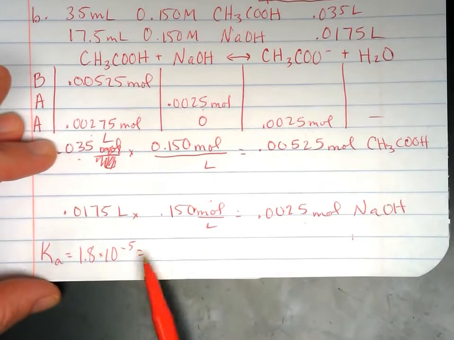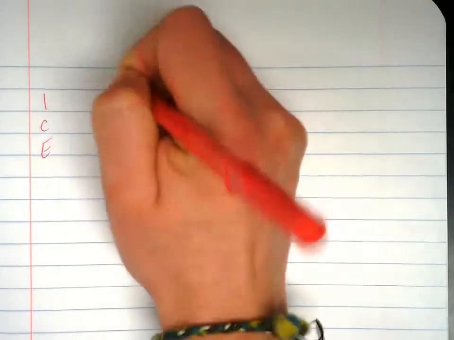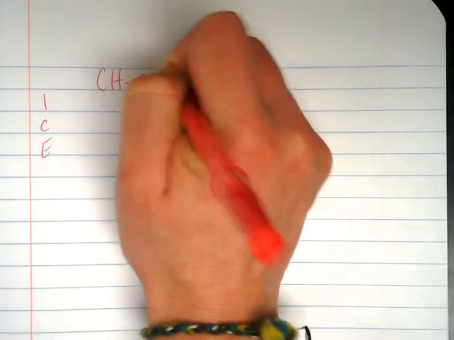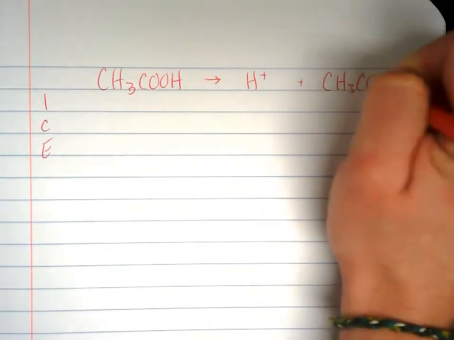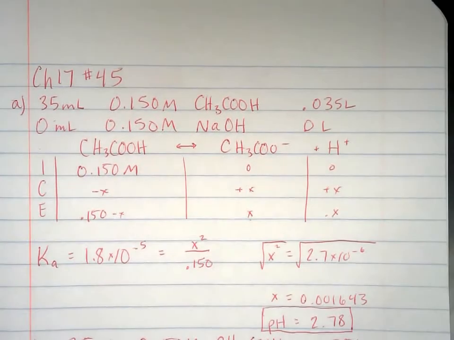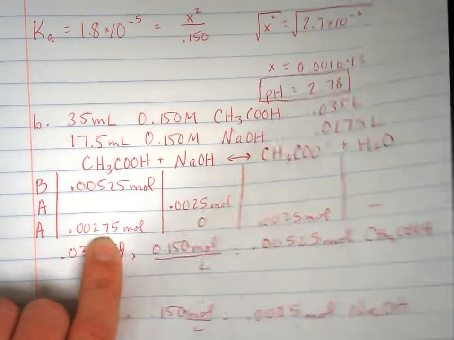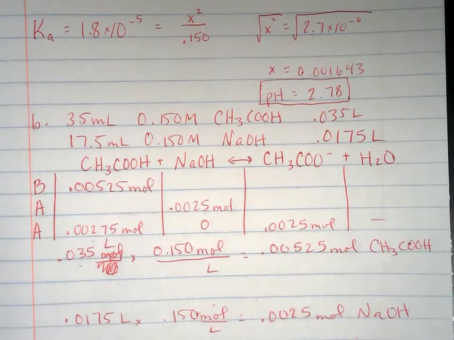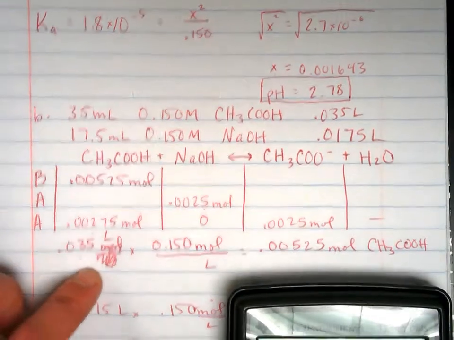And so basically we could just solve for H plus. To illustrate that, I'll just come up with a quick ice table. So ice, CH3COOH. At this point, we're looking at this one down here, we have 0.00275 moles. Now, I know when I do my ice table, things should be in molarity, especially when I calculate my H plus using a Ka.